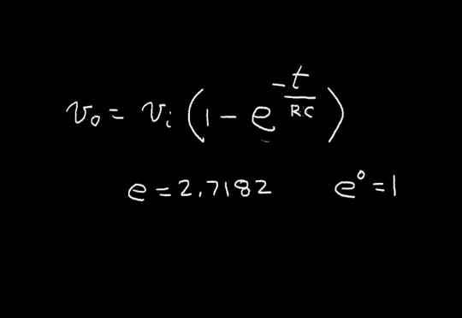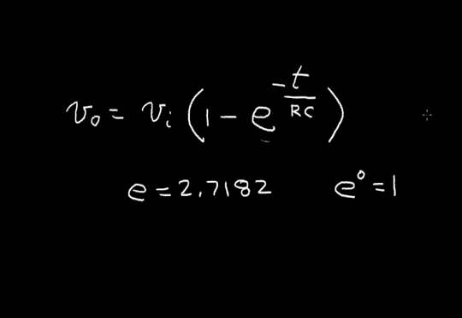So at time t equals 0, this equation seems to work. As the time becomes very, very long, this e term approaches 0, and so the output voltage in that case approaches VI. So that seems to work. If we look at t = 0 and t very long, this equation seems to work.